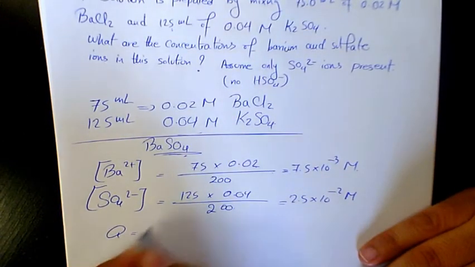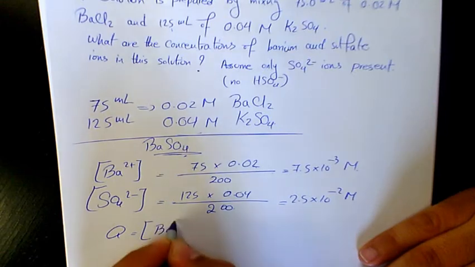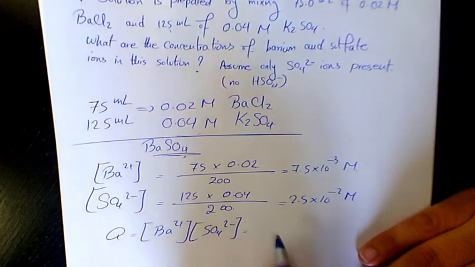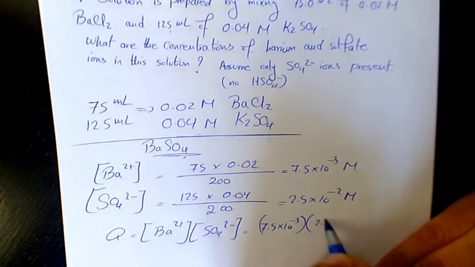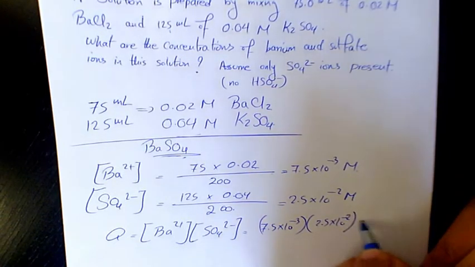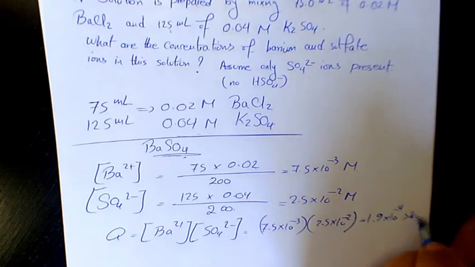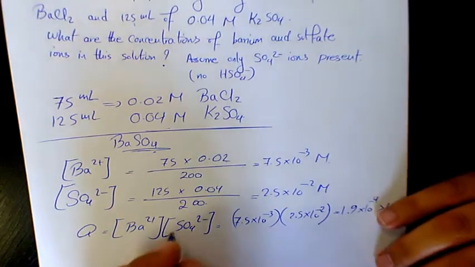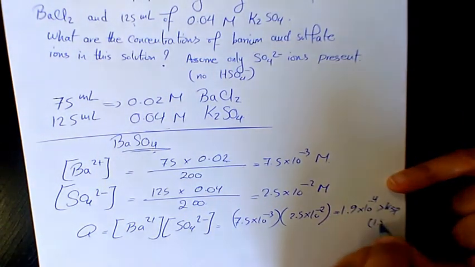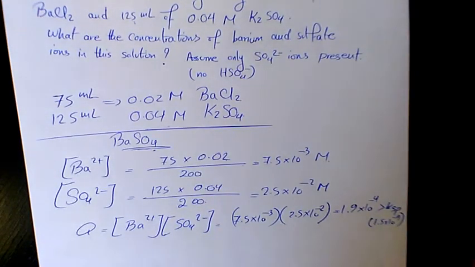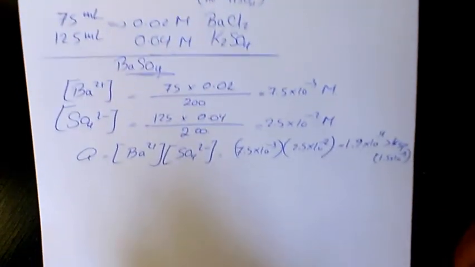So Q will be barium times sulfate, which is 7.5 times 10 to the power of negative 3 times 2.5 times 10 to the power of negative 2, which is going to be 1.9 times 10 to the power of negative 4. That's greater than the Ksp, because Ksp is 1.5 times 10 to the power of negative 9. That's much greater. So it means that barium sulfate will precipitate.